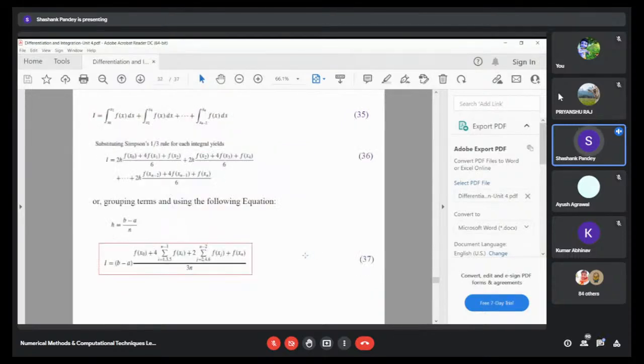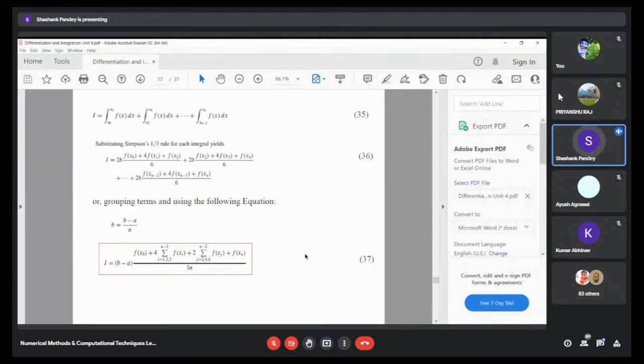So let us see how to proceed for this value of integral. Since the function is divided into a number of small segments, the value of the integral of each segment when added together will give us the value of the whole integral, which is expressed by equation number 35.